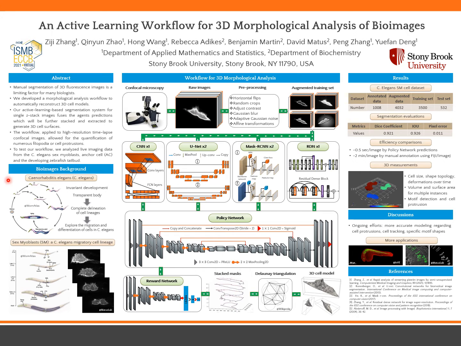In the background section, we know that the invariant development and transparent body of the C. elegans enables a complete delineation of cell lineages throughout development and high-resolution microscopy. Here, we focus on a specific population of cells, the 6 myoblasts, which are SM cells.